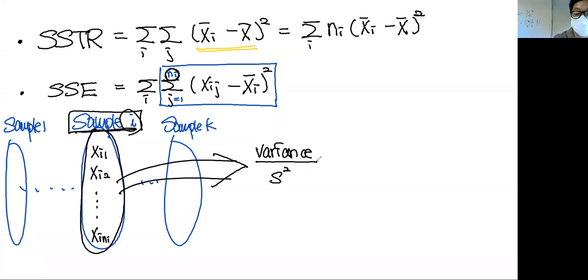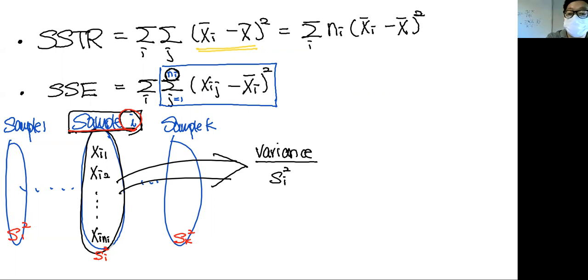The notation of the variance is s squared. But it is the variance from the sample i. So let me plug in the index i, because we are going to take s1 squared as the inside variance from sample number 1, and even we can take sk squared from the sample k. So from the sample i, we are going to take si squared, the variance from the sample i.